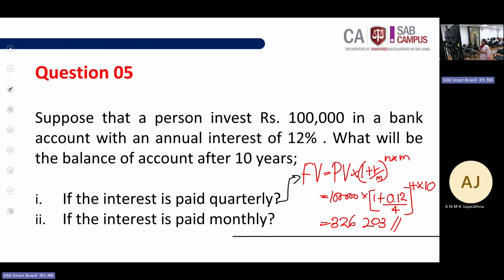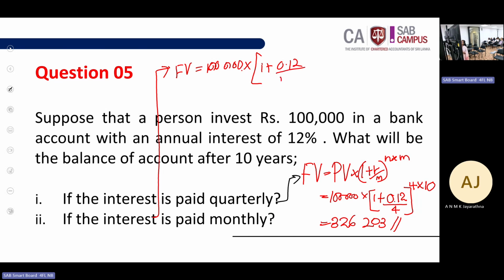Same case, if it is monthly, how can we calculate? Again, future value equals 100,000 multiplied by 1 plus 0.12.